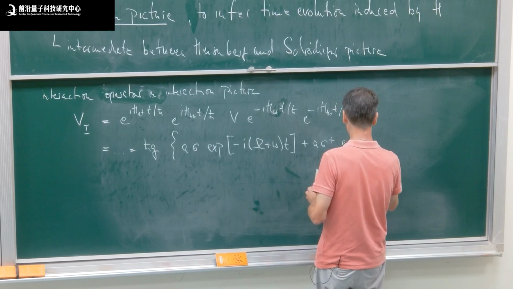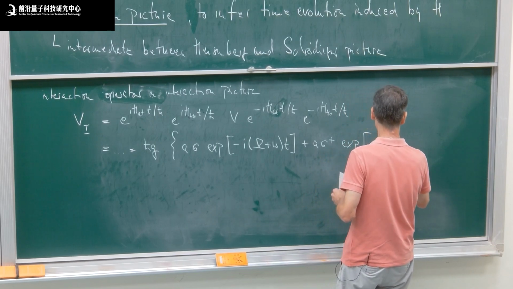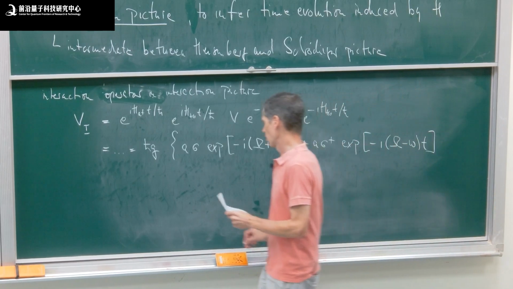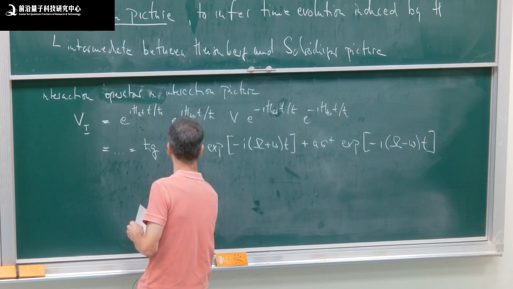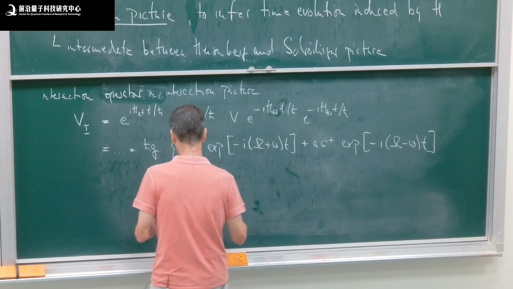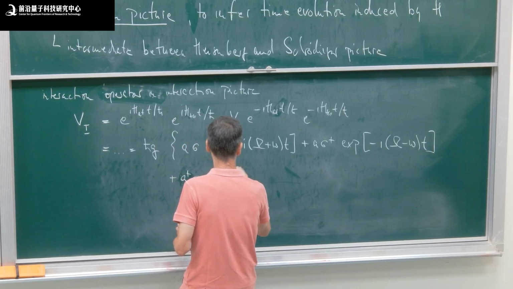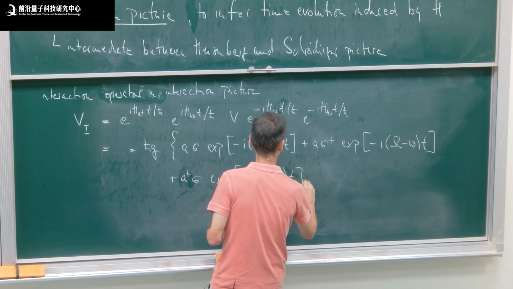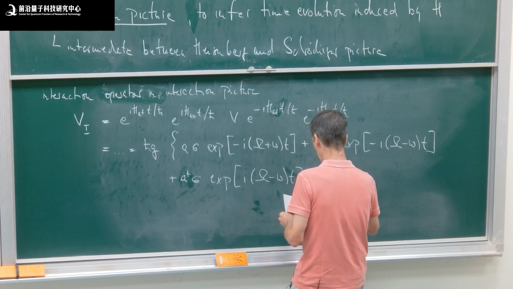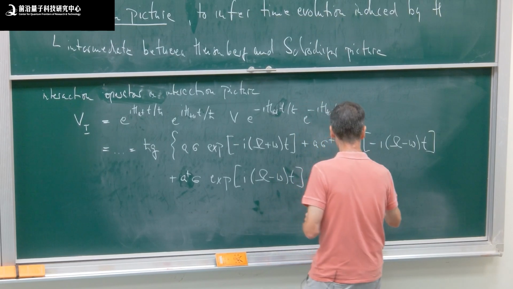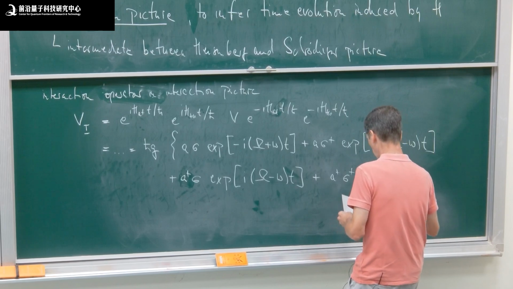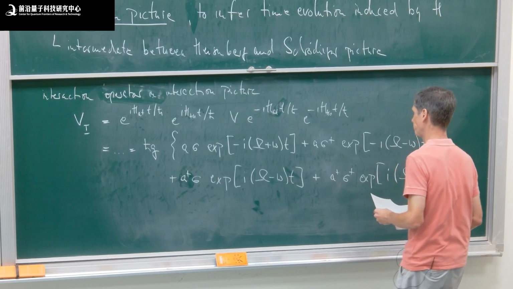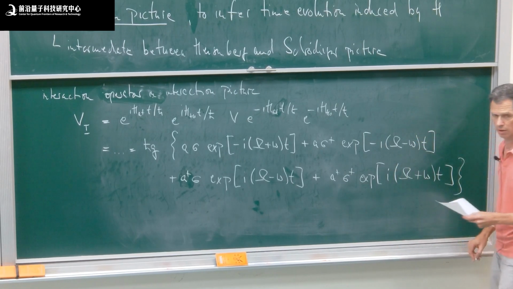So you get exponential of minus i (Ω minus ω) times t, plus a dagger sigma exponential of i (Ω minus ω) times t, and then plus a dagger sigma dagger times exponential of i (Ω plus ω) times t, and here the curly bracket closed.